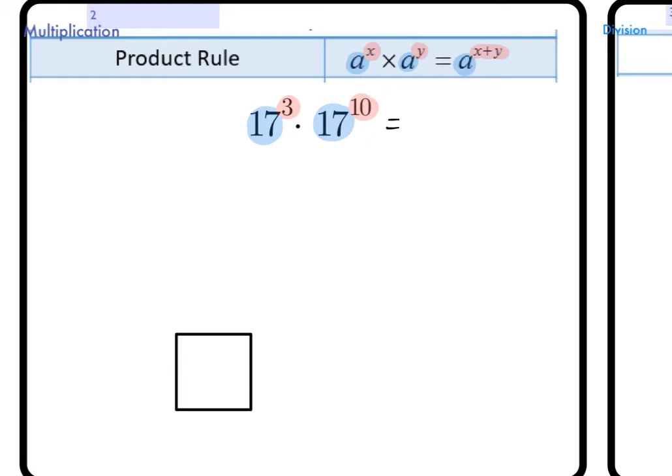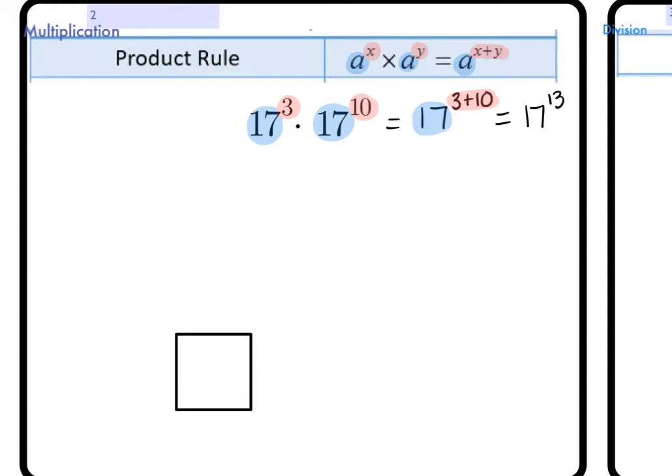So it says keep my base, 17, and add my exponents, 3 plus 10. Keep my base, add my exponents. Okay, and if you do that, it should be pretty simple. So now we have 17 to the 13th power.